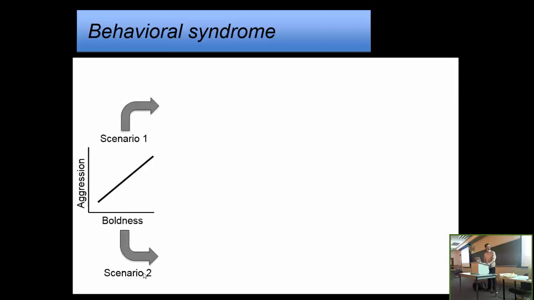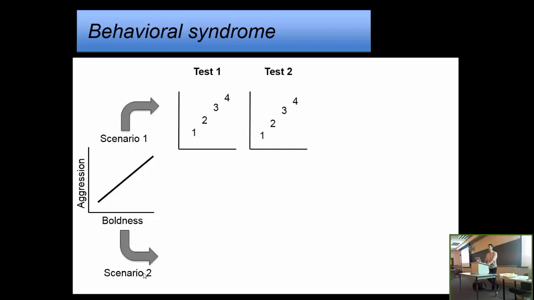Could have a situation where we have our hypothetical population of 4 here that we're testing. On the first test and the second test, that individual number 4 with the high boldness and the high aggression may be consistent in that behavior, such that that consistency is partially responsible for the correlation.